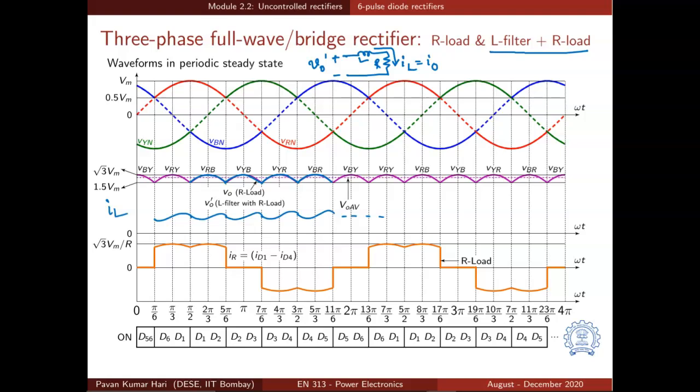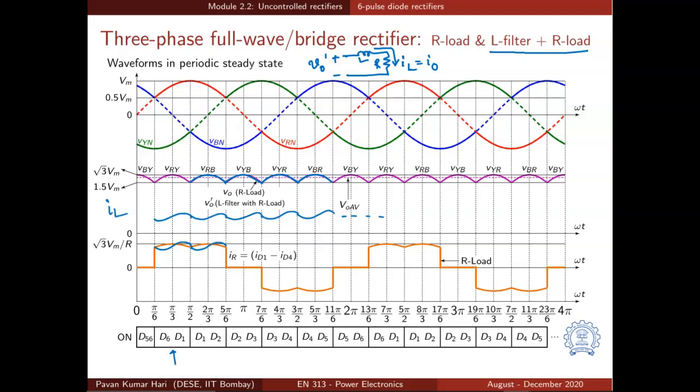The same current is flowing through D6 D1 in this interval. So D1 will have the same waveform, and D1 will also have the same waveform for 60 degrees more, and then it will be taken over by the other set of diodes.